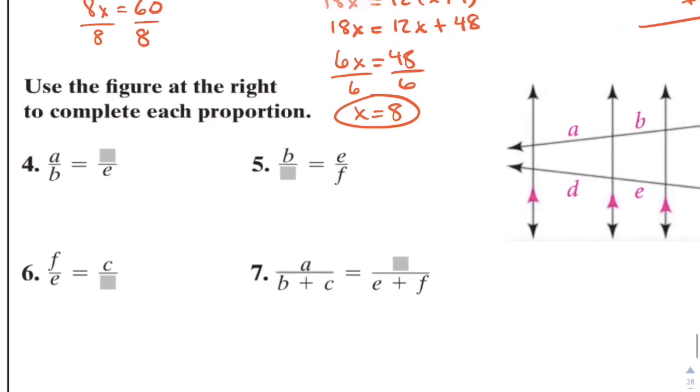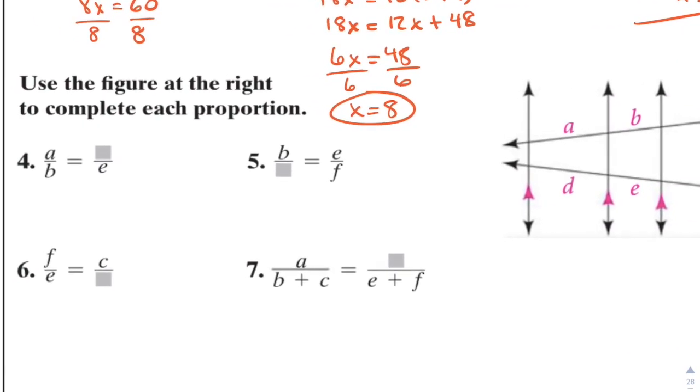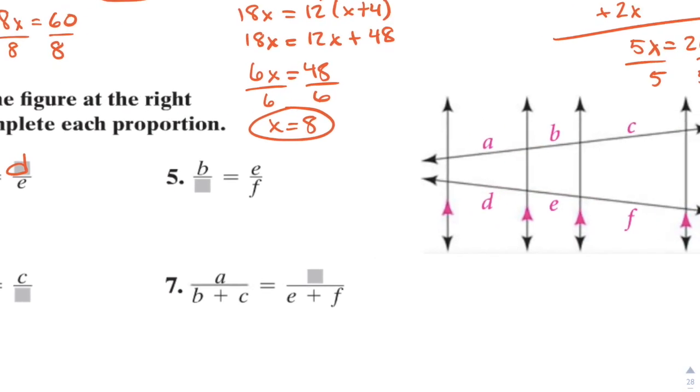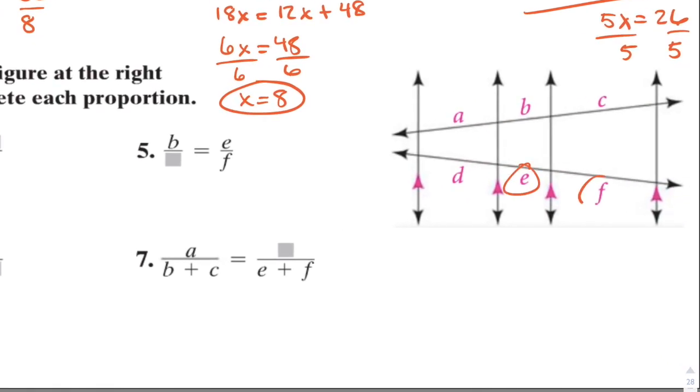Alrighty, fill in the rest. A is to B as this would have to be D is to E. We have E and F, so we need B and C in that order.